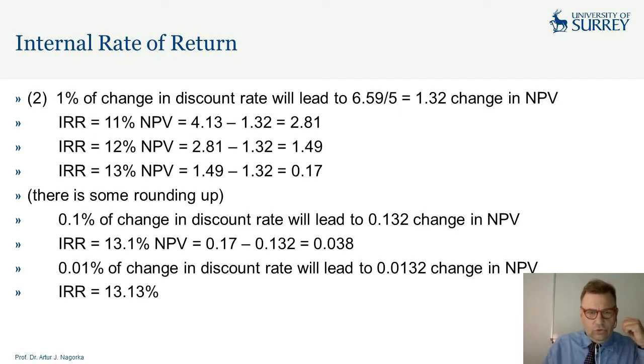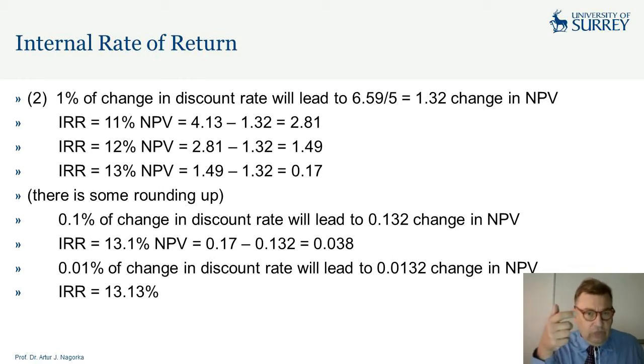Again, a tedious combination, but it would end up with some numbers, because we already found that 1% of change in discount rate would lead us to a 1.32 change in NPV.